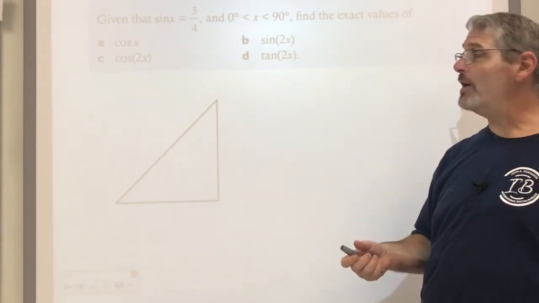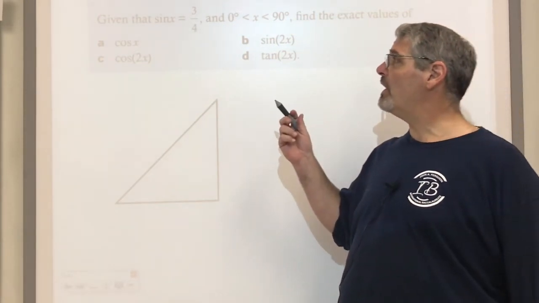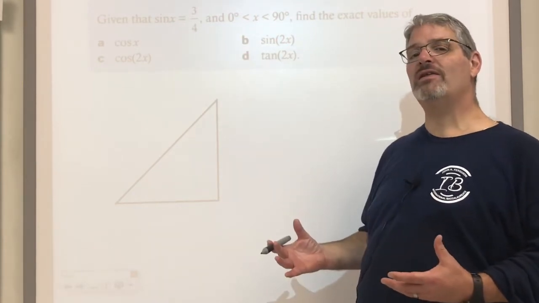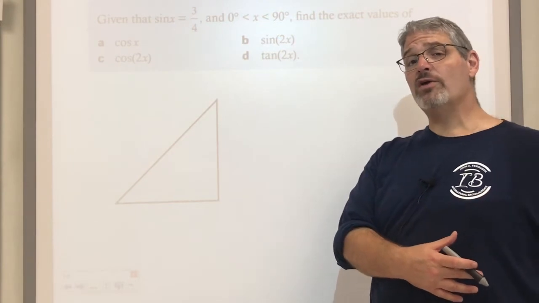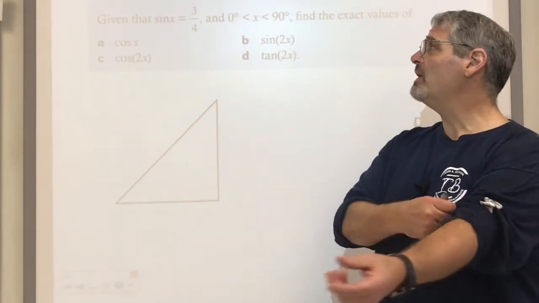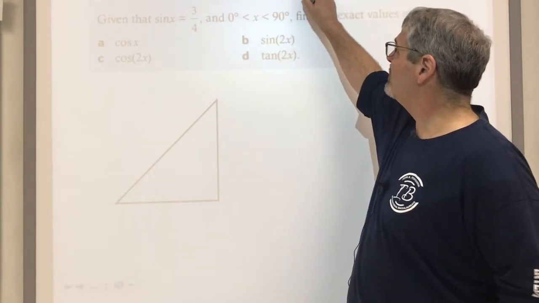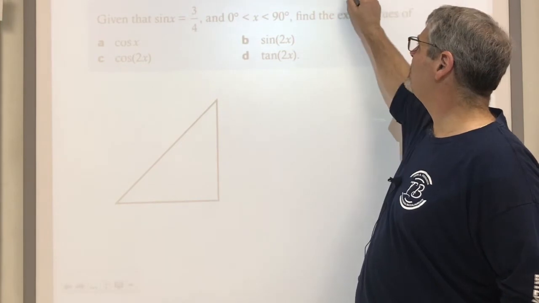Well, let's get started. First of all, if they're giving me sine of x is equal to 3/4, whenever you're given this, you have to go back to your days of geometry and earlier this semester when we talked about SOHCAHTOA. And I'll write it up here. SOHCAHTOA.